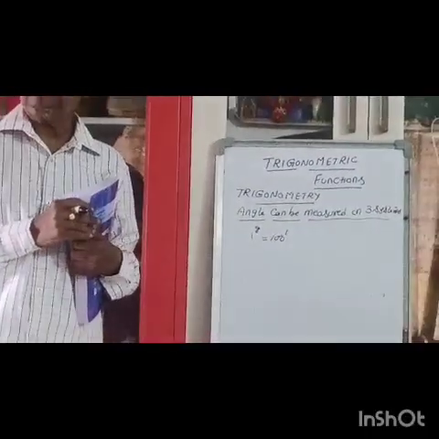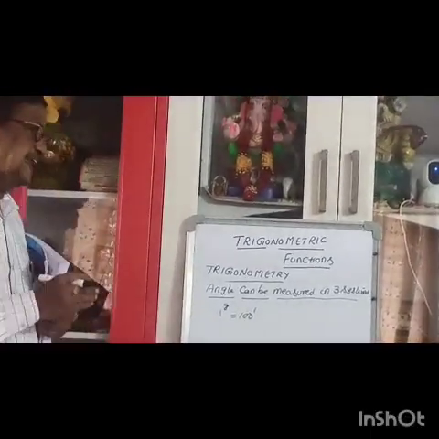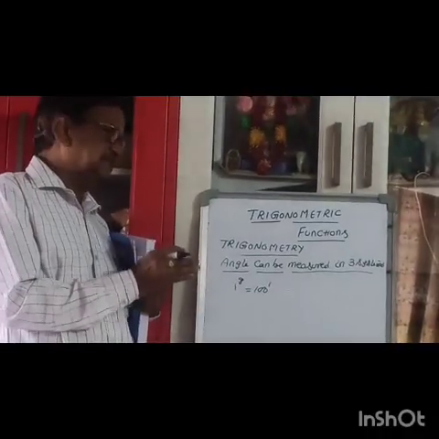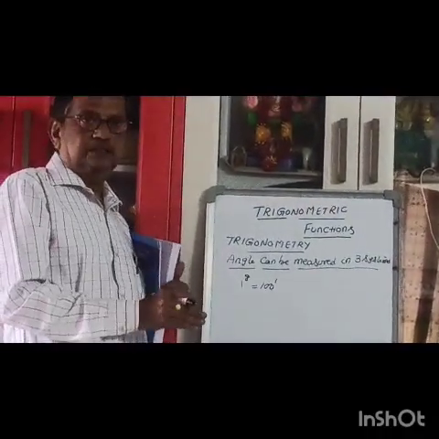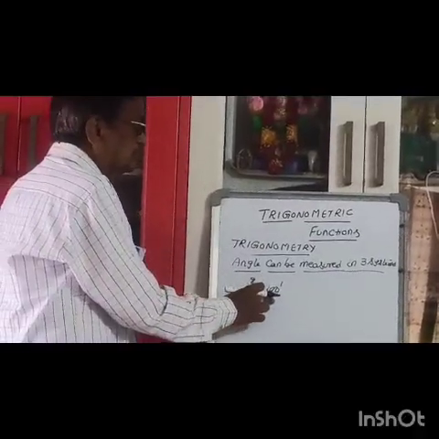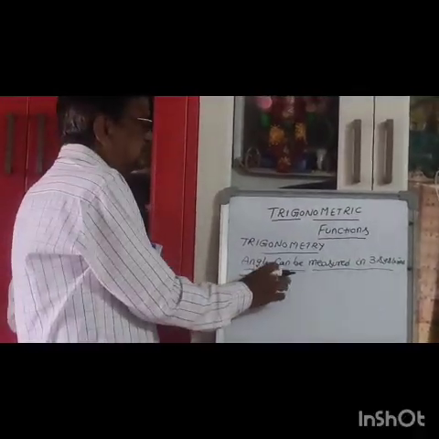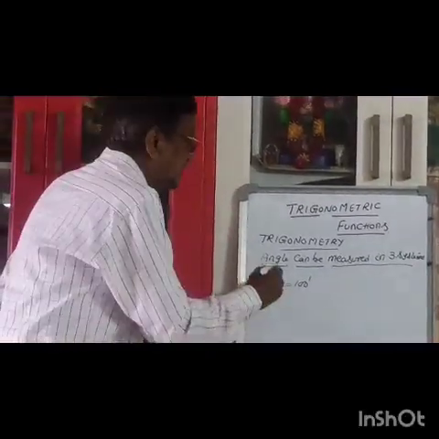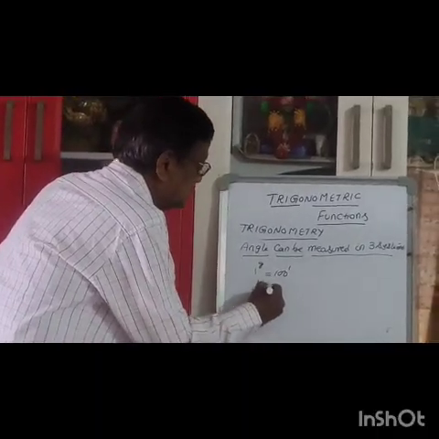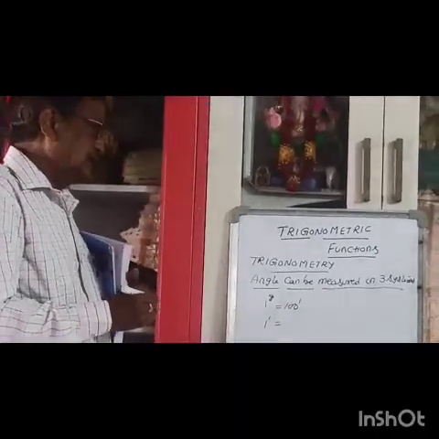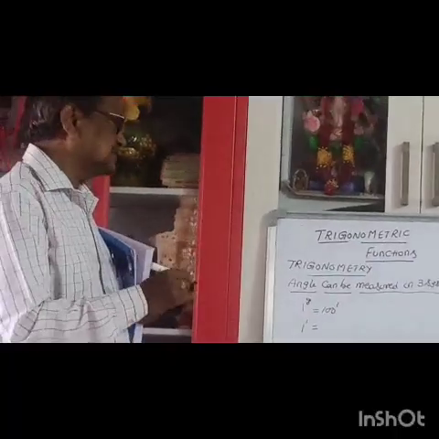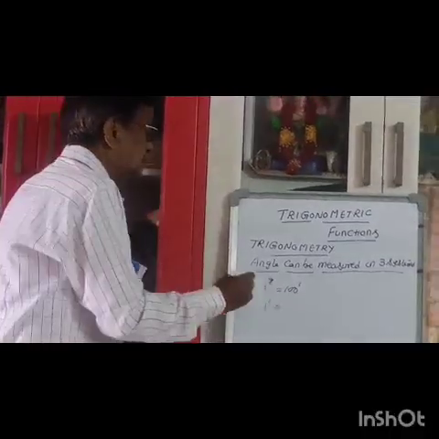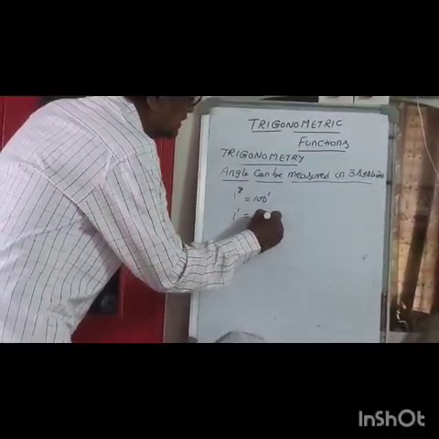Minute here is denoted by a single slash. Next, each minute is divided into 100 equal parts, and each part is considered as 1 second. Therefore, 1 minute is equal to 100 seconds.